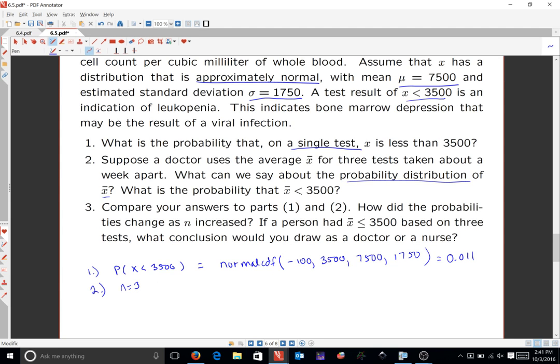Notice the original was approximately normal. So no matter what the sample size is, the X bar distribution is approximately normal. And then we have to find the probability that X bar is smaller than 3,500 on these 3 tests.